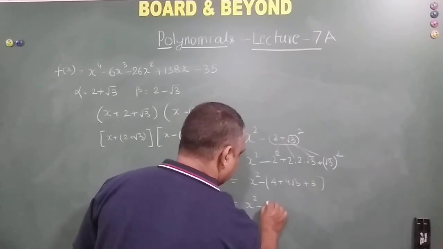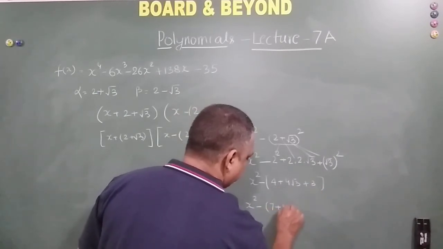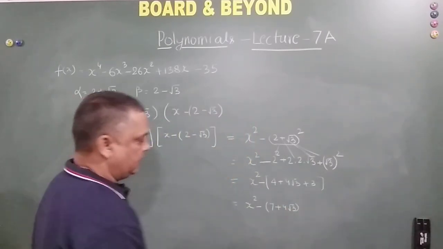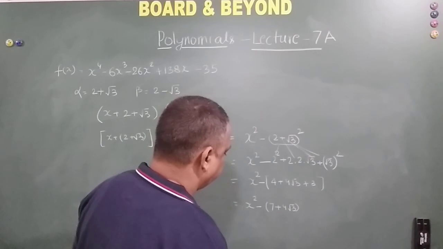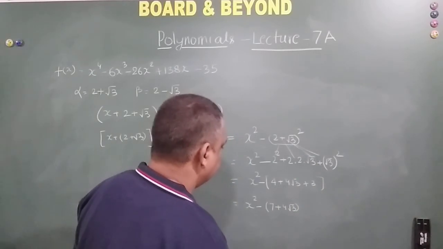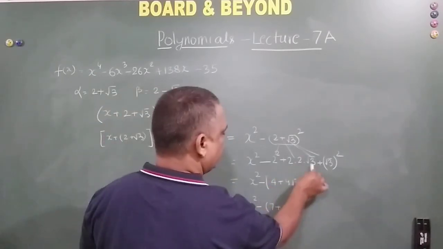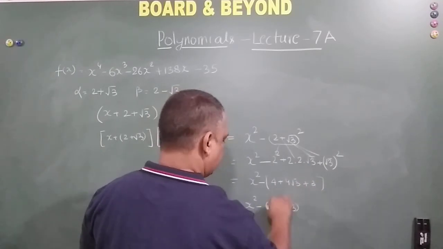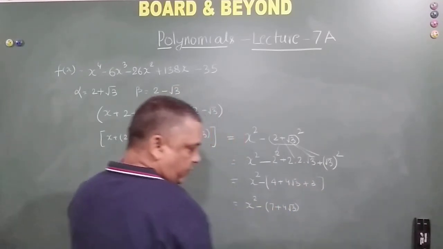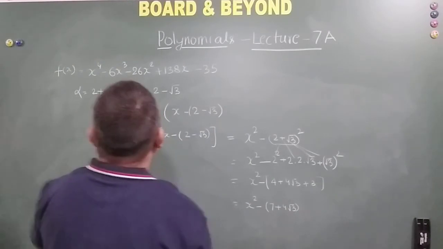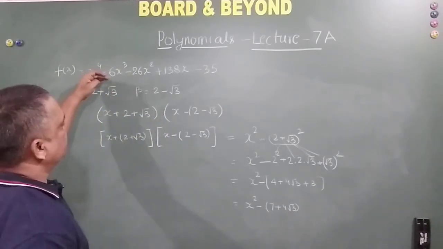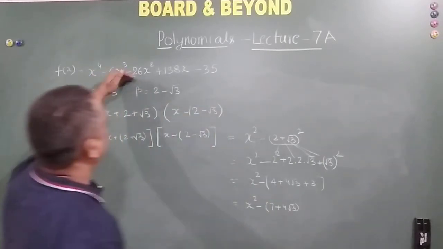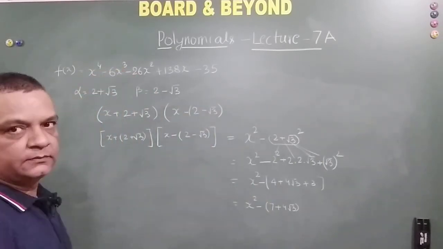So that is equal to 7 plus 4 root 3. Right? So, am I right? 4 plus 4 root 3 plus 3, 4 plus 3 is 7, 7 plus 4 root 3. Okay, so this is a factor for this polynomial as well, right?